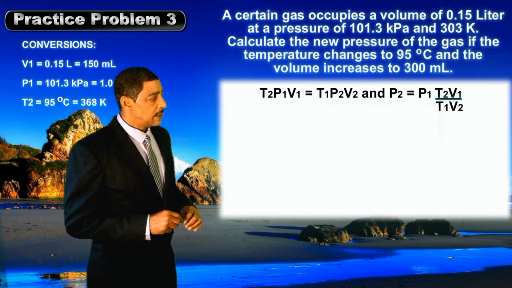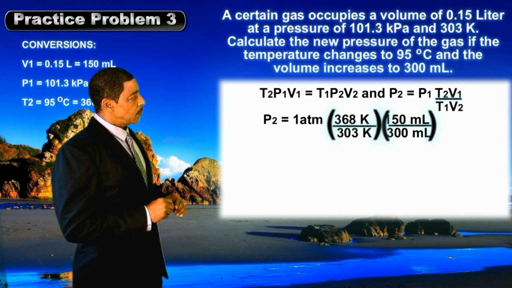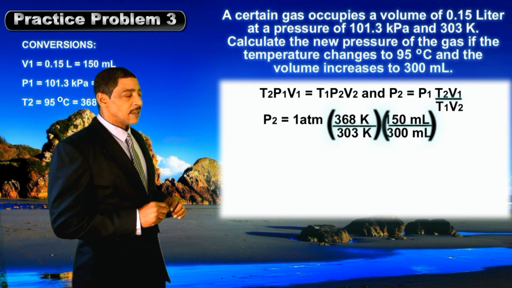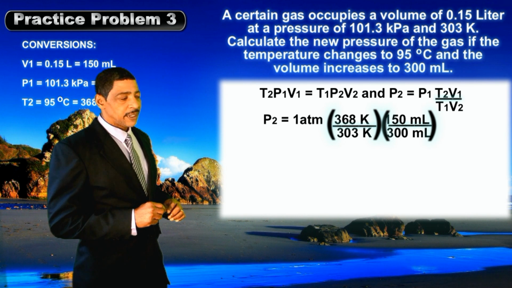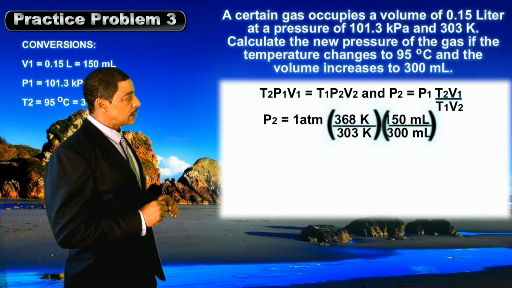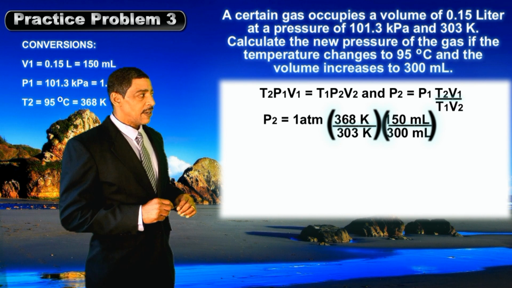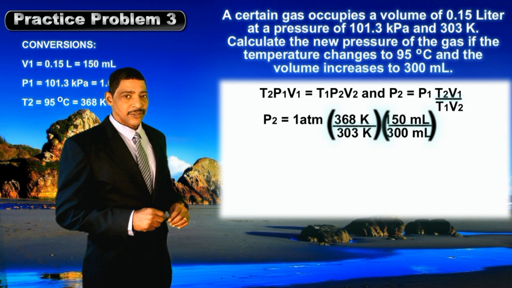Inserting the information, P2 will equal 1 atmosphere times 368 K divided by 303 K times 150 milliliters divided by 300 milliliters.